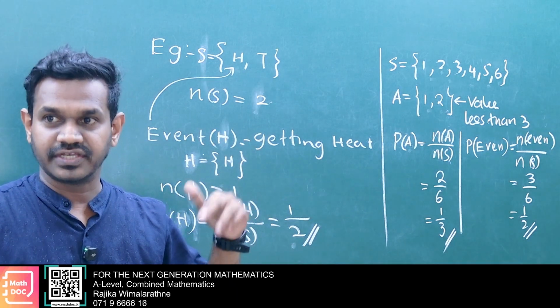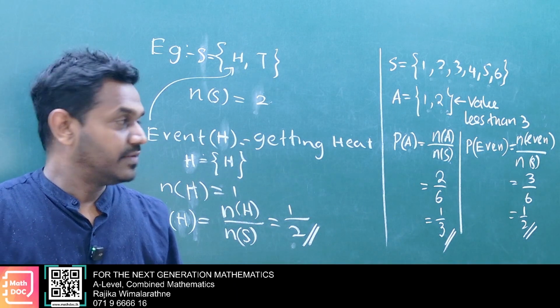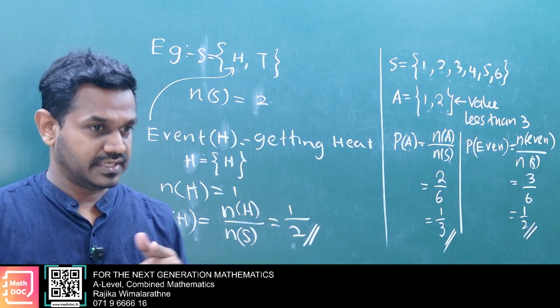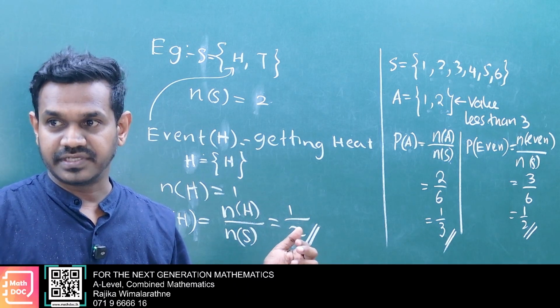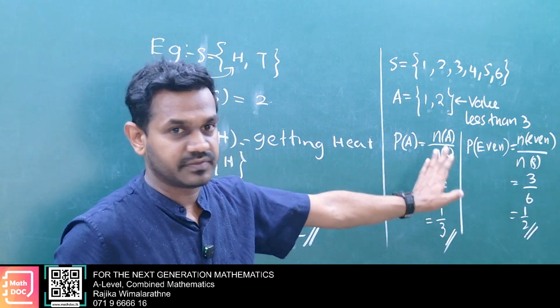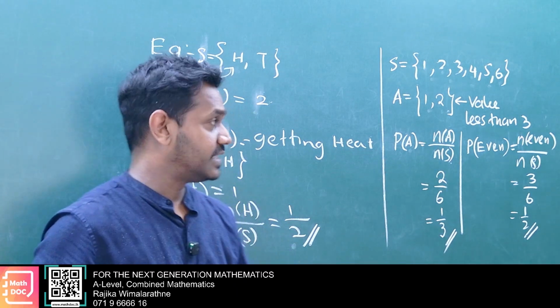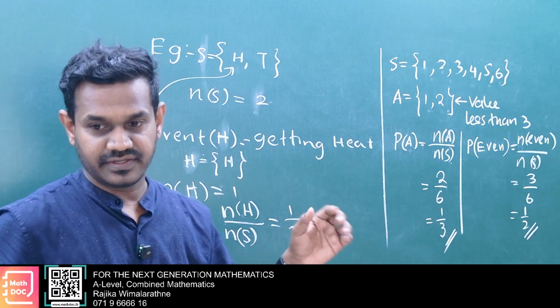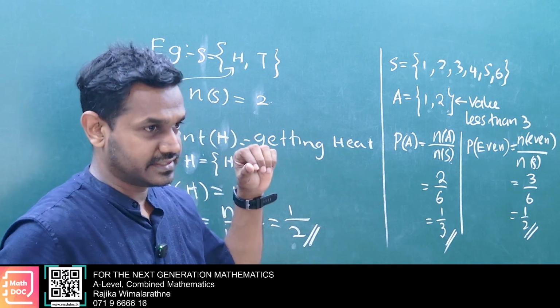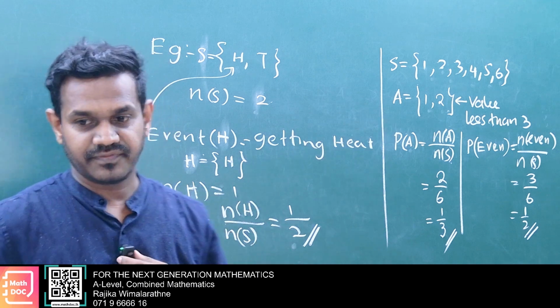Then the division we call probability. But this is not always applicable. If it is an infinite sample space, then this is not possible. So this definition is limited. We can use it for limited cases. Okay, write examples.